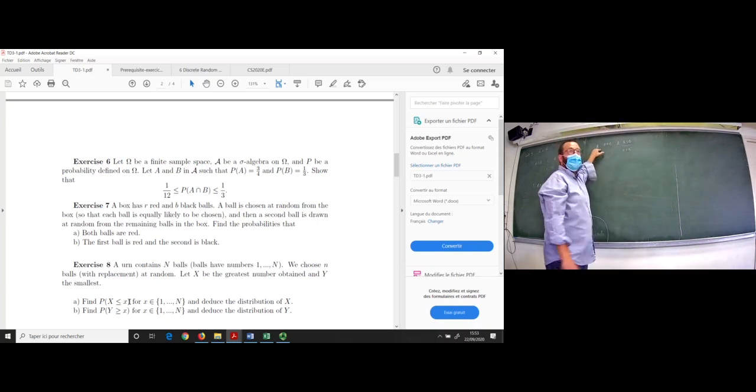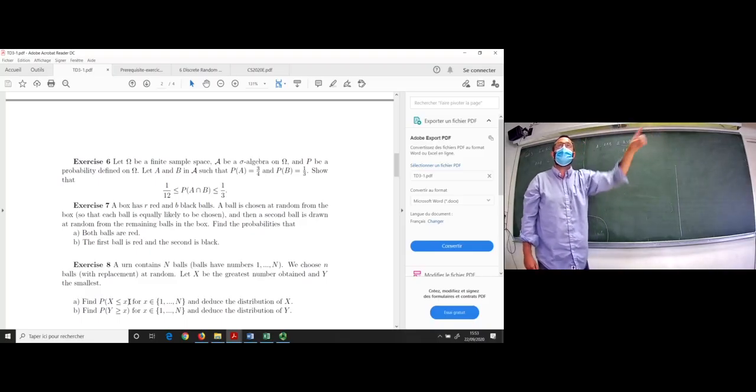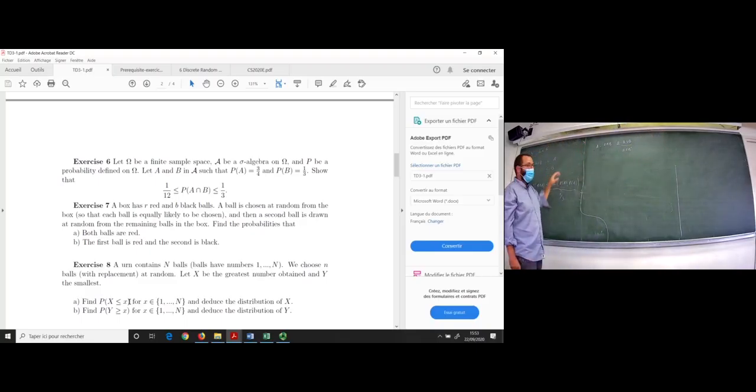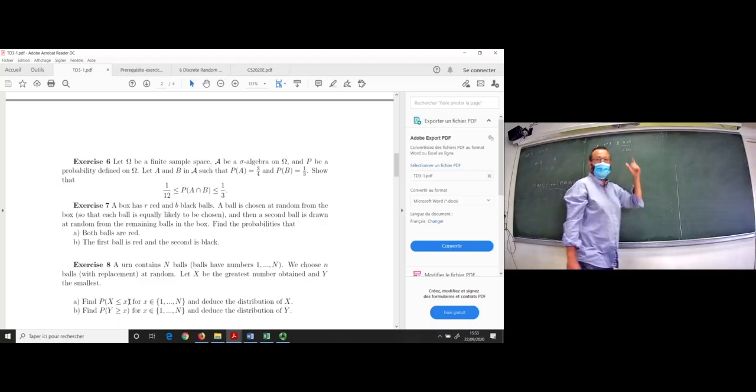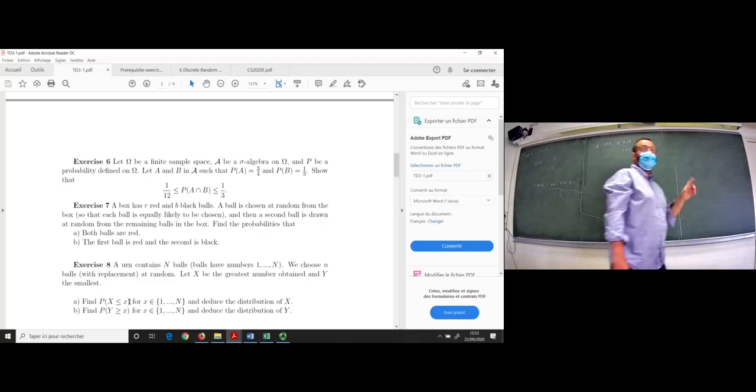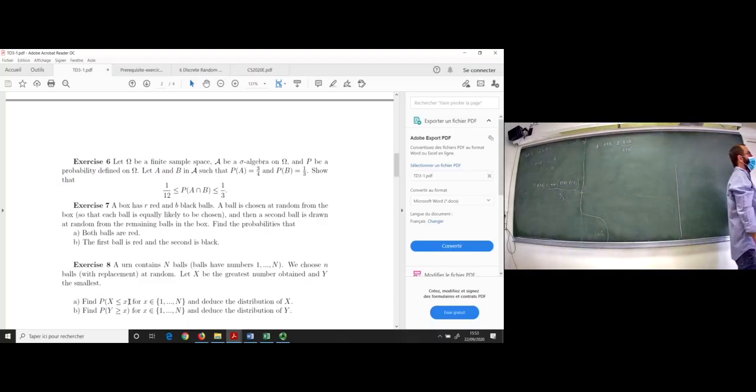Okay? You know what is P of A. For this one, you can use exactly the same idea as the one I have previously used. That will be less than the minimum between P of A and P of B complementary. You know P of B complementary, that is 2 over 3. And it's one possibility to find the solution.